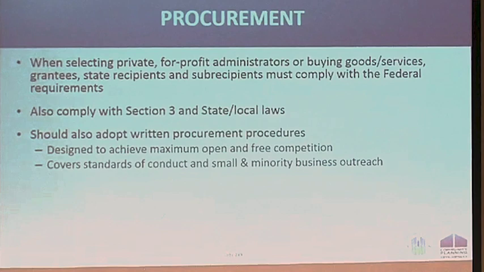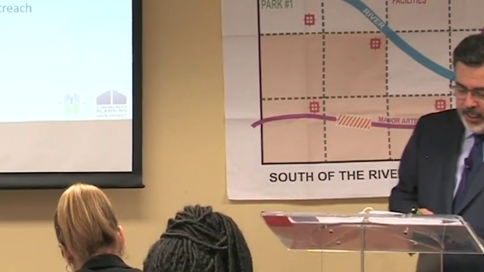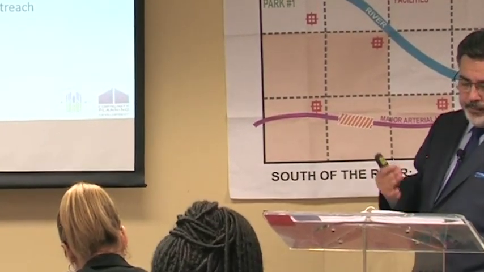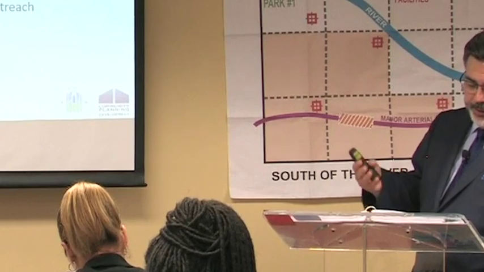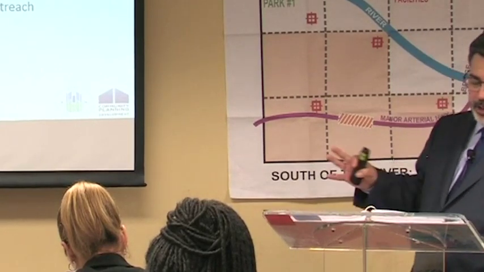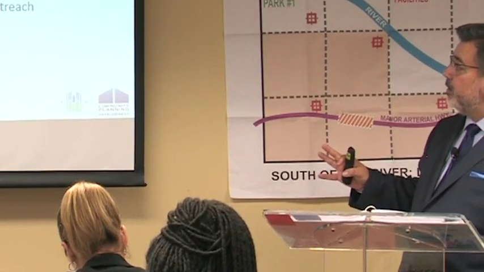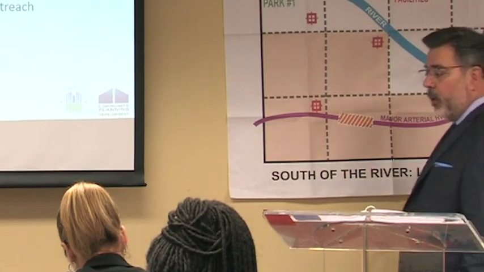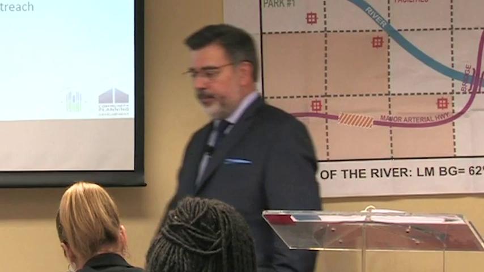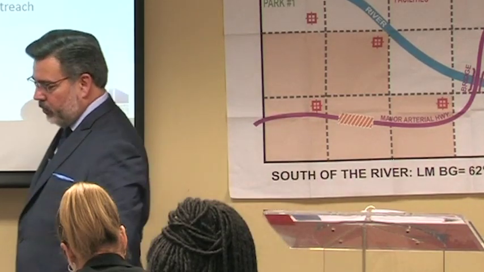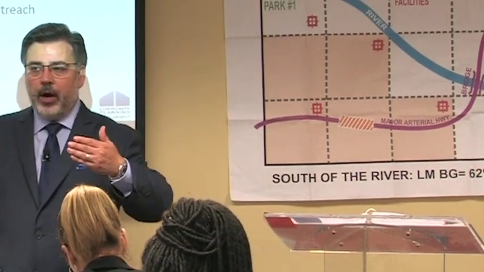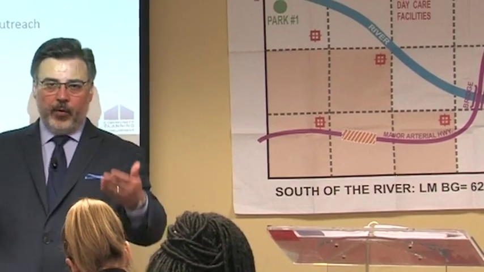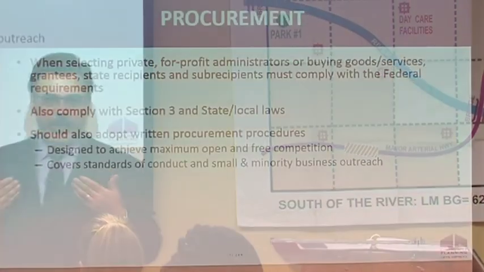So when selecting private, for-profit administrators or buying goods and services, state recipients and subrecipients must all comply with the federal requirements. Okay? Everybody must comply. When you are dealing with a subrecipient, always remember that you are transferring the requirements that you have with HUD onto them.